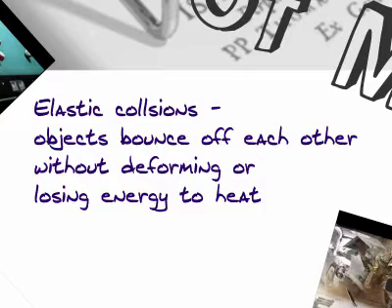But in reality, the objects that have the greatest elasticity are things you wouldn't generally think of. For example, steel has a much, much higher elasticity than rubber does, because steel will return to its original shape without deforming or losing energy to heat, whereas rubber actually experiences quite a bit of deforming.